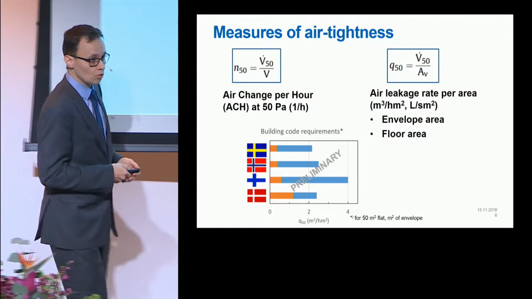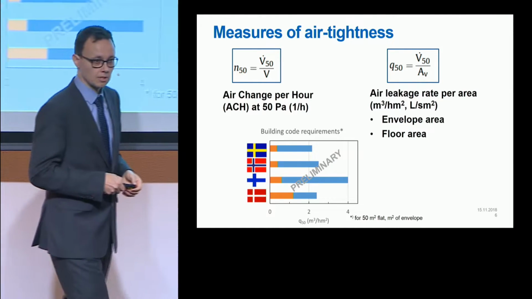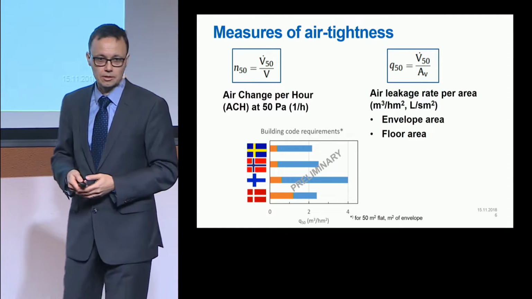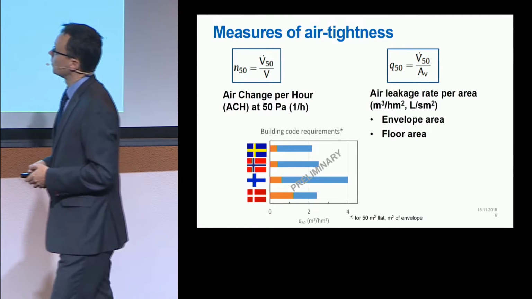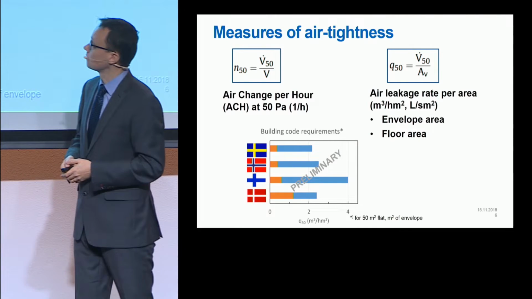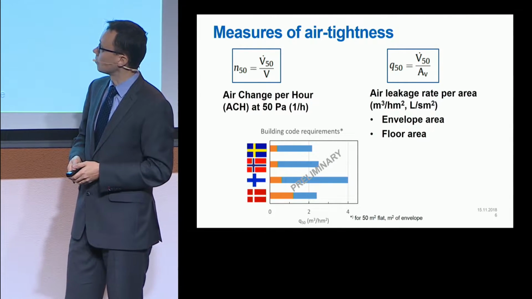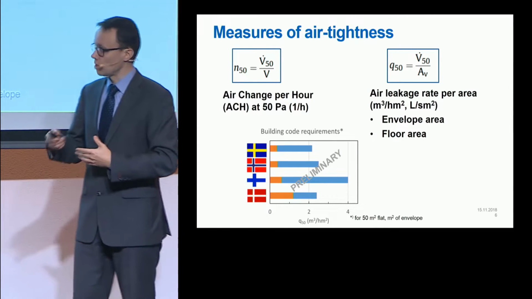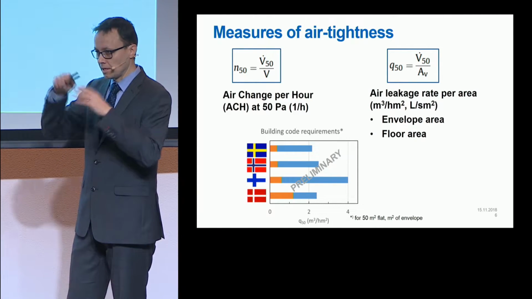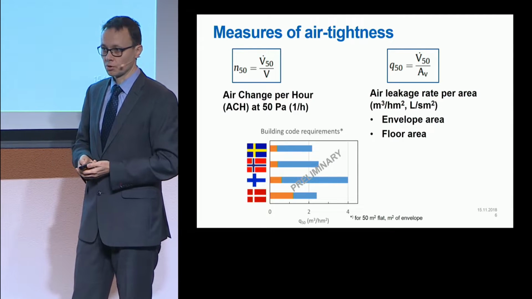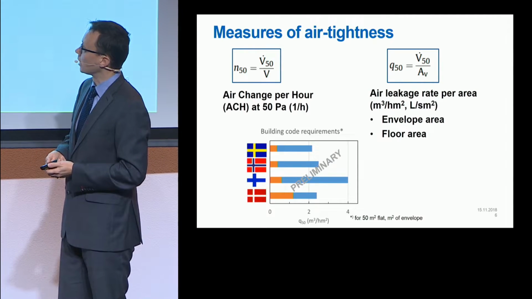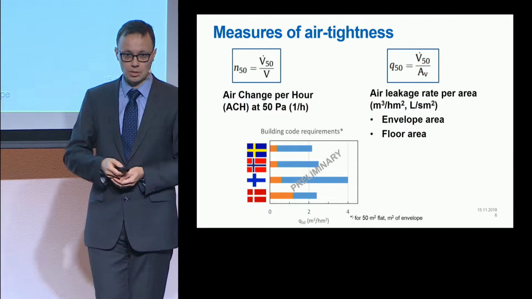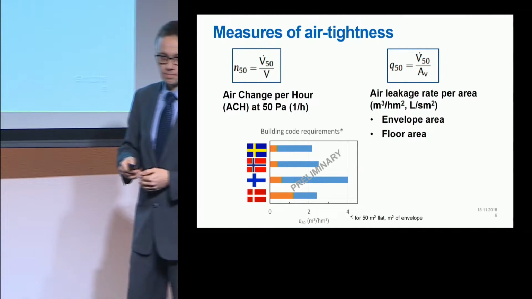There are basically 2 or 3 different numbers that we use to characterize buildings, how airtight they are. The first being called N50, air changes per hour, meaning how many times the leakage through envelopes will change the volume if the pressure difference between inside and outside is 50 Pascal.